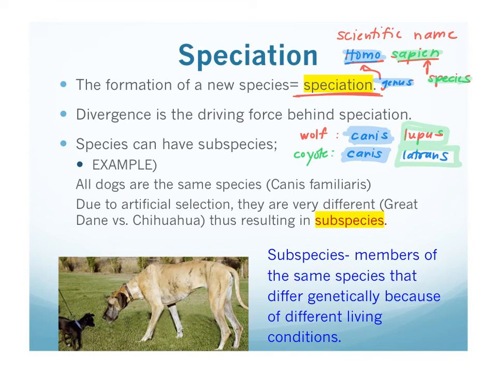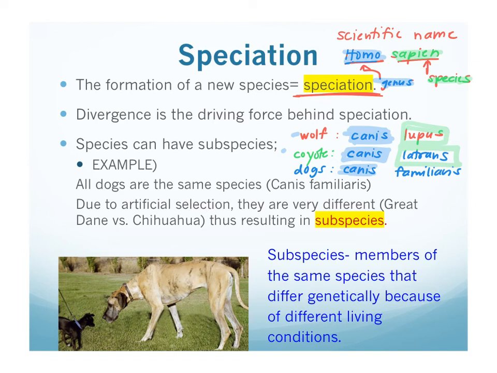So dogs are kind of also in this category. Okay, they resemble a wolf, they resemble a coyote, so dogs are Canis familiaris. Okay, they share the same genus with the wolf and the coyote.